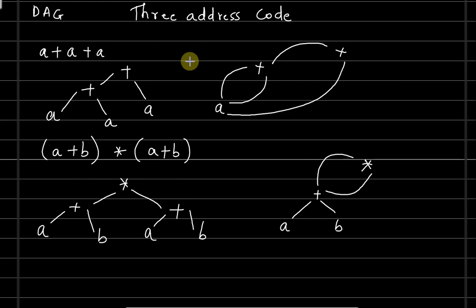So let's continue with three address code. Three address code is built from two concepts, addresses and instructions. Addresses can be names, constants and temporaries. Say I give a statement as x plus y into z.